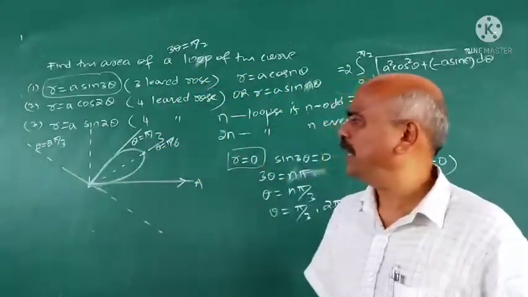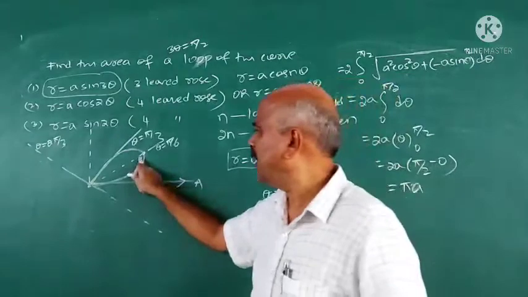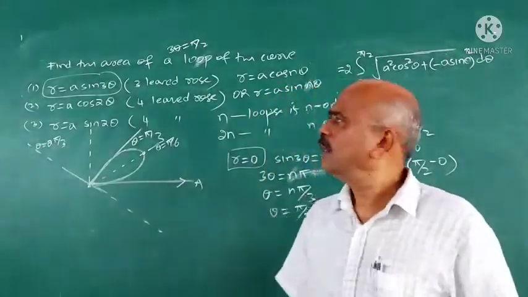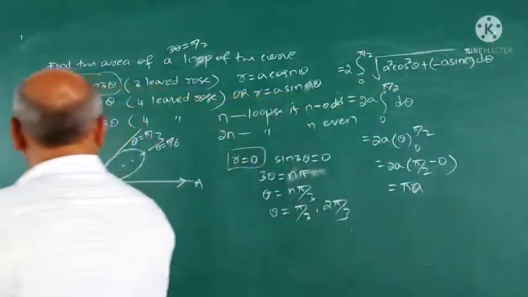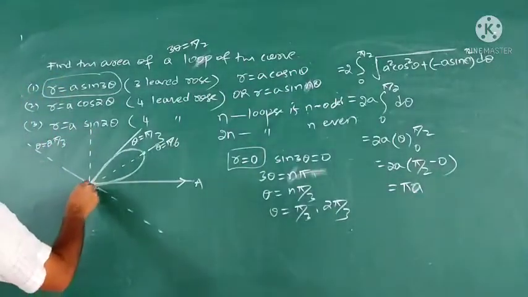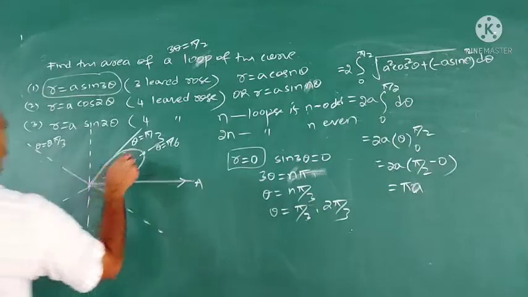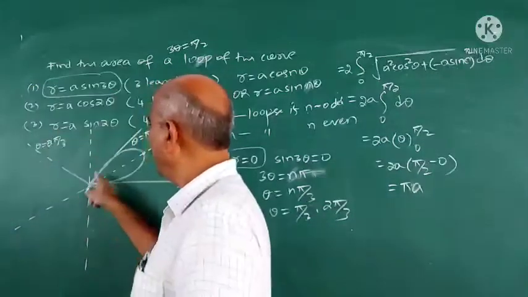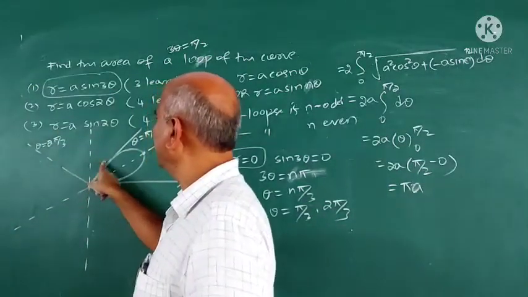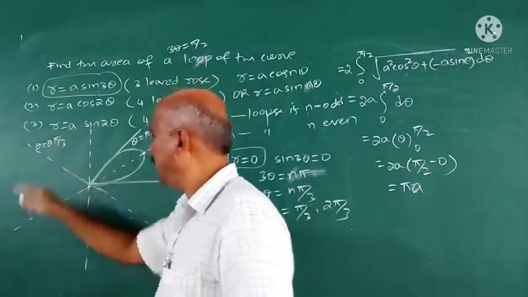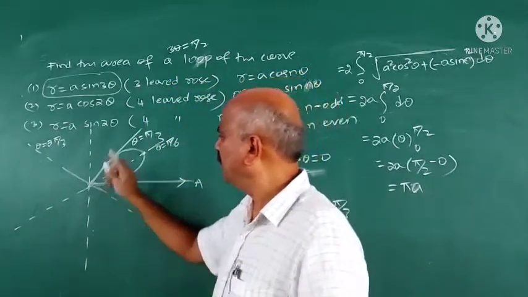That is a. This length is it. Now what is the symmetry here? In this region, the curve doesn't exist, but this is one loop.